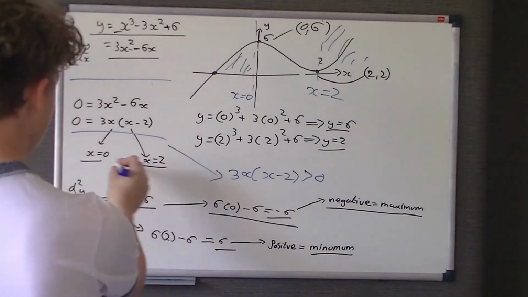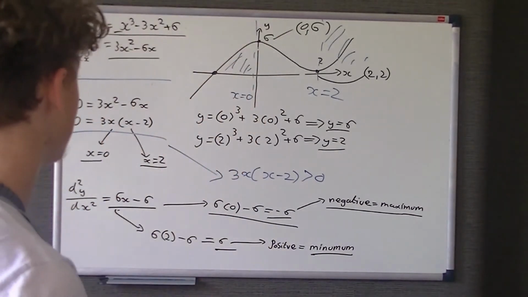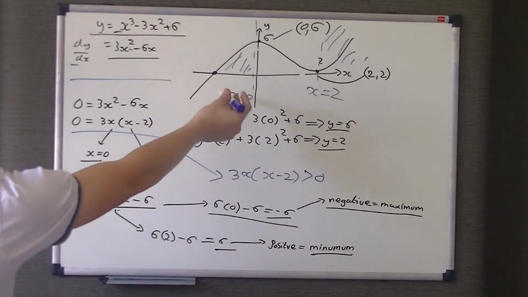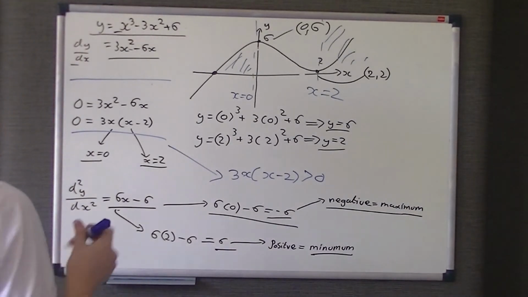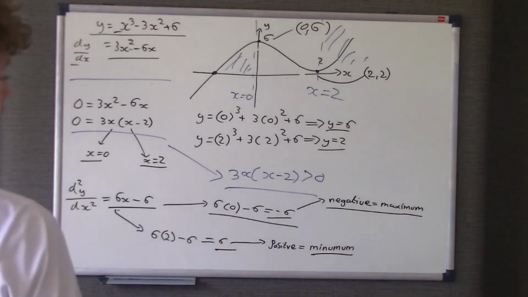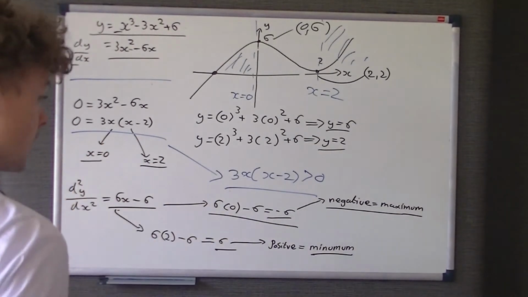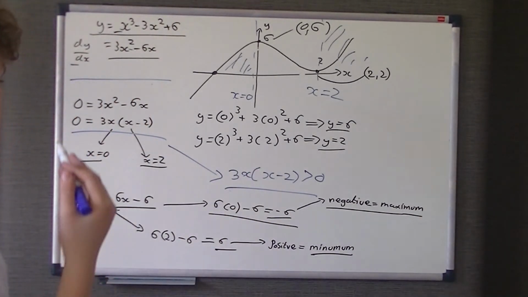I'm doing this assuming we didn't have this graph. If we had this graph, we could just simply say x is less than 0, x is greater than 2. If you don't have the graph, you just simply put numbers into this equation here, and find if x is less than 0, pick a number that's less than 0, put it into that equation, and see if it's greater than 0.